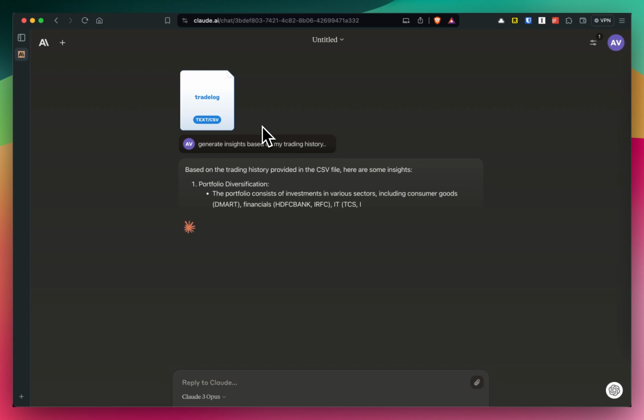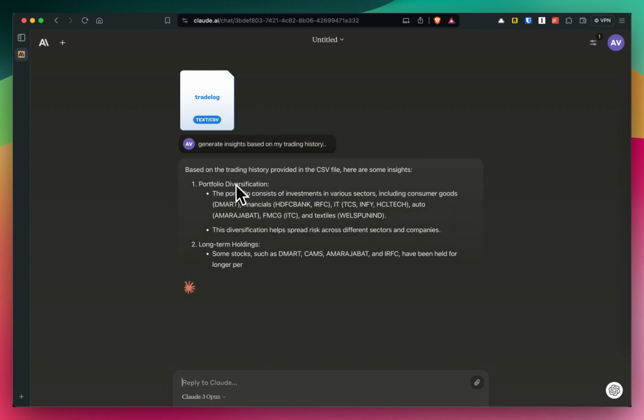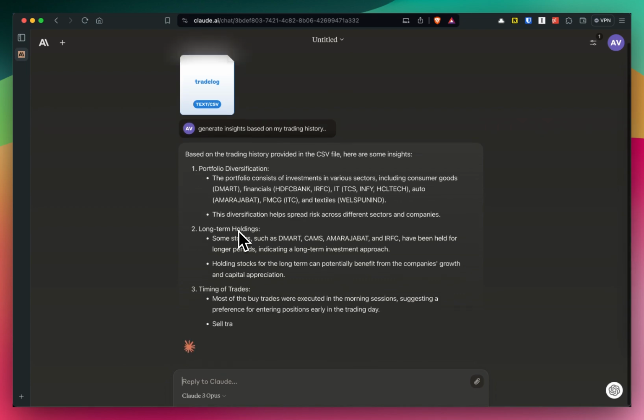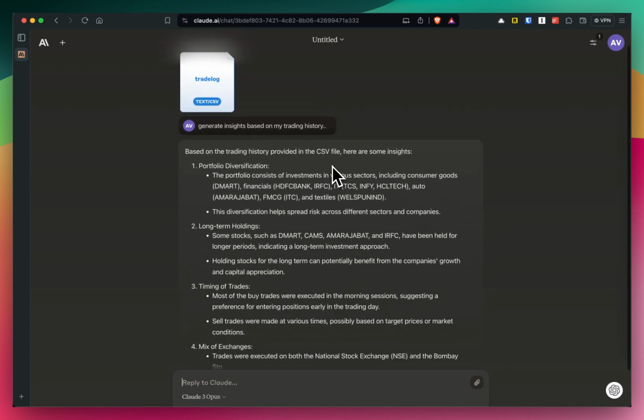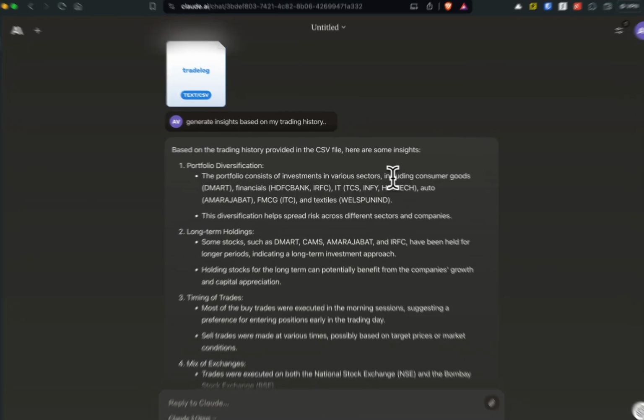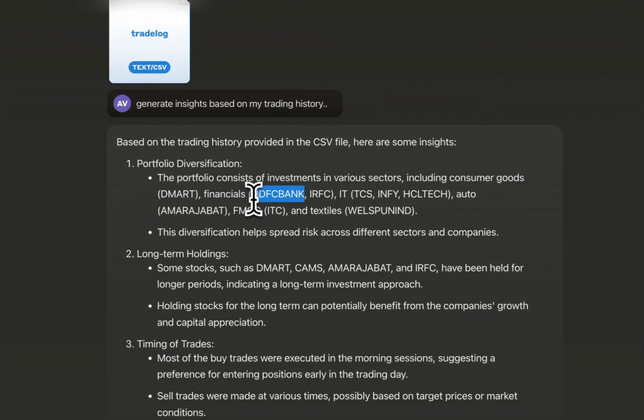So now it starts to throw some recommendations. First it's talking about portfolio diversification, and it's identifying the sectors correctly, which is very good. It's showing consumer goods, financials, IT, auto. Although Amara Raja Batteries is not auto, so this is an incorrect classification.